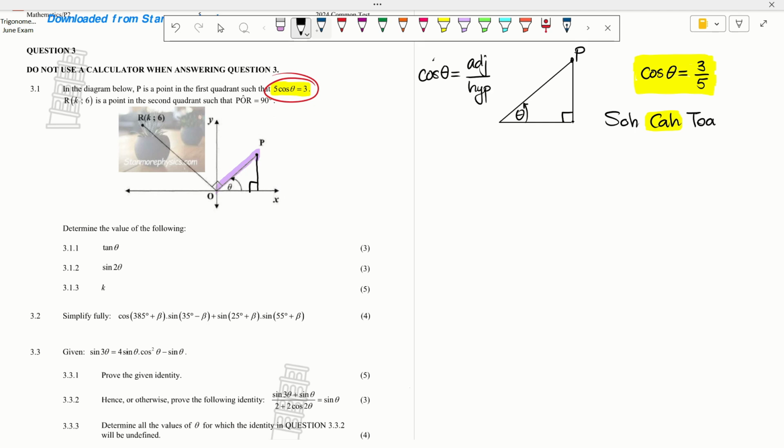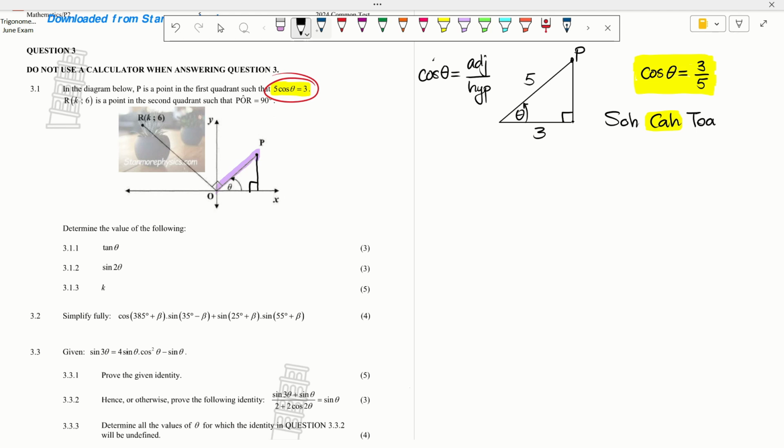Looking at our triangle, the adjacent side is the side along the x-axis, so that will be 3, because it's adjacent and it's on top. The hypotenuse, on the bottom, is the longest side of our triangle, and that will be 5.